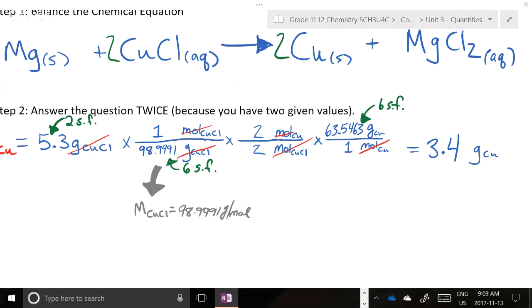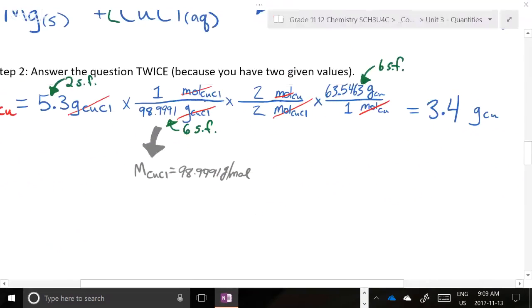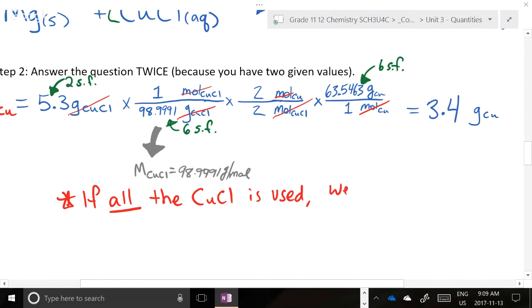Sure, that's good. Even more, what I learned from this set of equations is very specifically, if all the copper chloride is used up, we get 3.4 grams of copper.